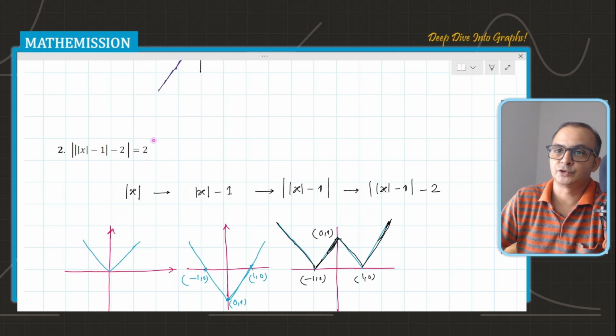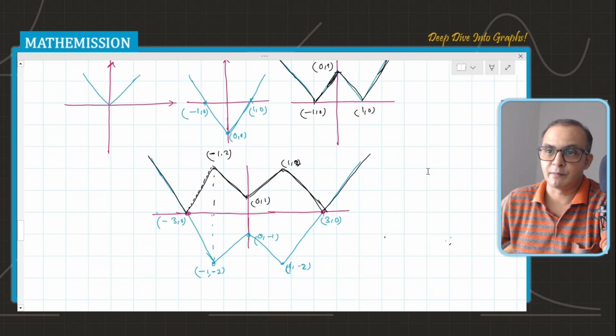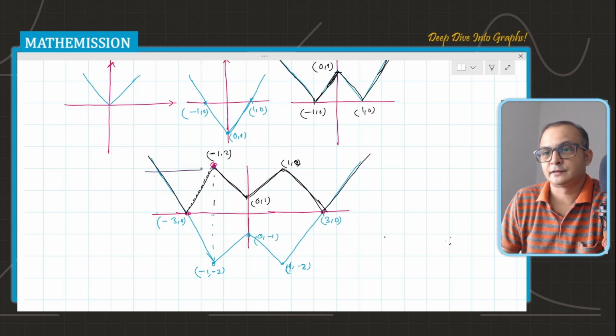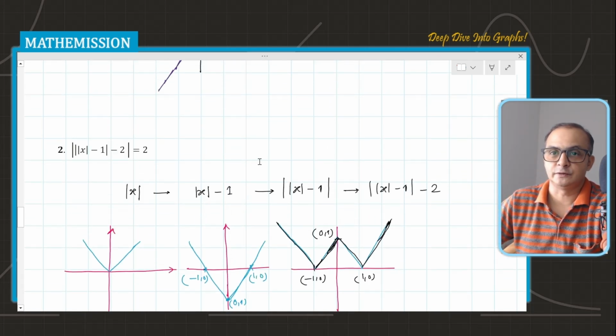The right hand side is 2 here, so we draw a horizontal line 2 units above. Where is 2 units above? You can see it is here only. Here we have to draw a horizontal line. If you draw a line there, it will directly pass through the points. So I have this, this, this, and this. So these are the 4 solutions we can say for the equation.